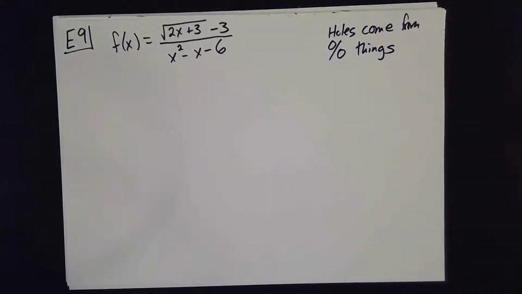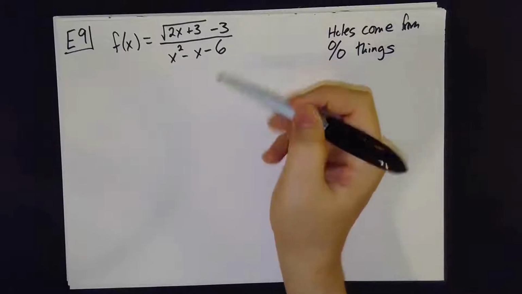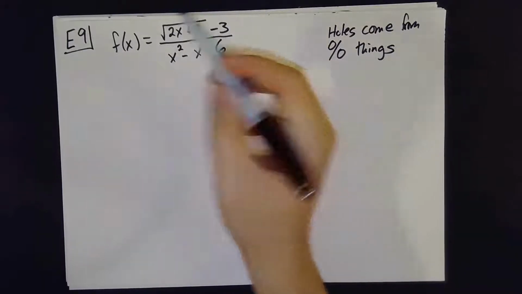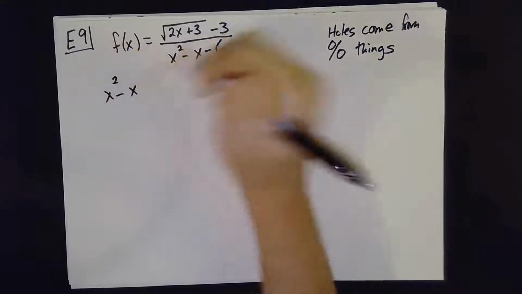Okay. So I'm looking for an x coordinate that makes both the numerator and denominator 0. Okay. So let's start with when the denominator is 0.